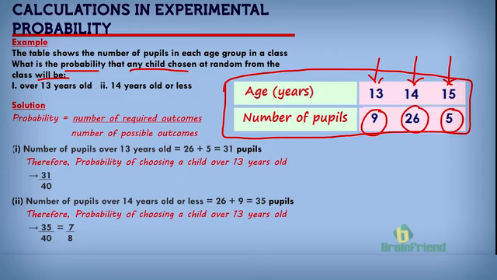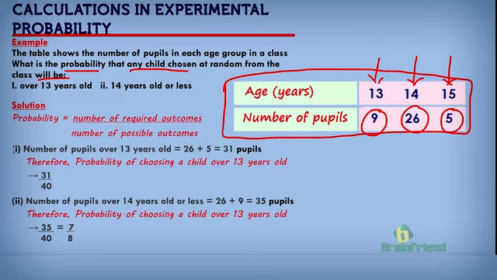So our required outcome is 31. All over the total number of possible outcomes, which is the total number of students in our class. That is 9 plus 26 plus 5, which gives us 40 students. The probability of having pupils over 13 years old will be 31 over 40.